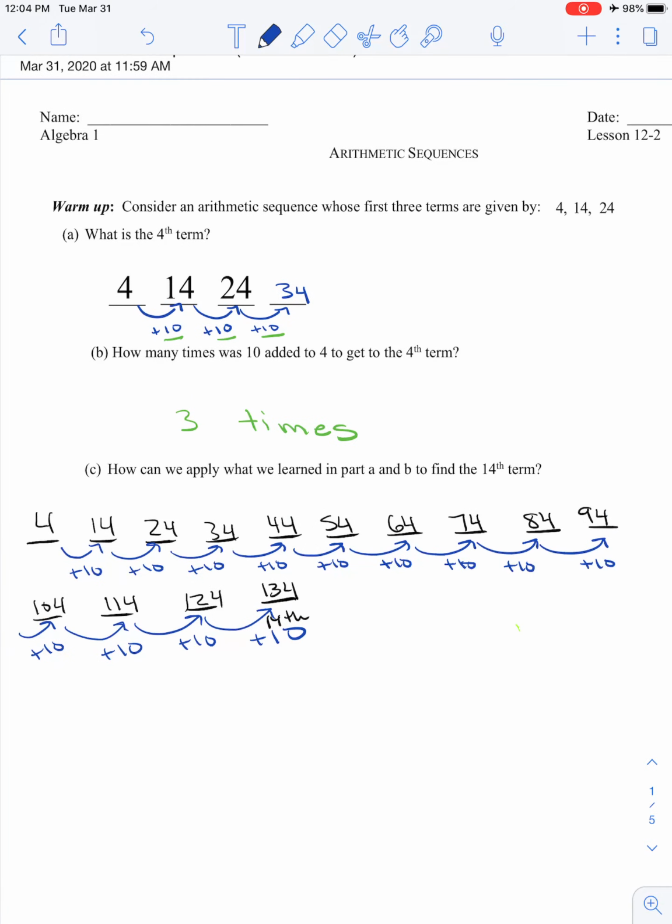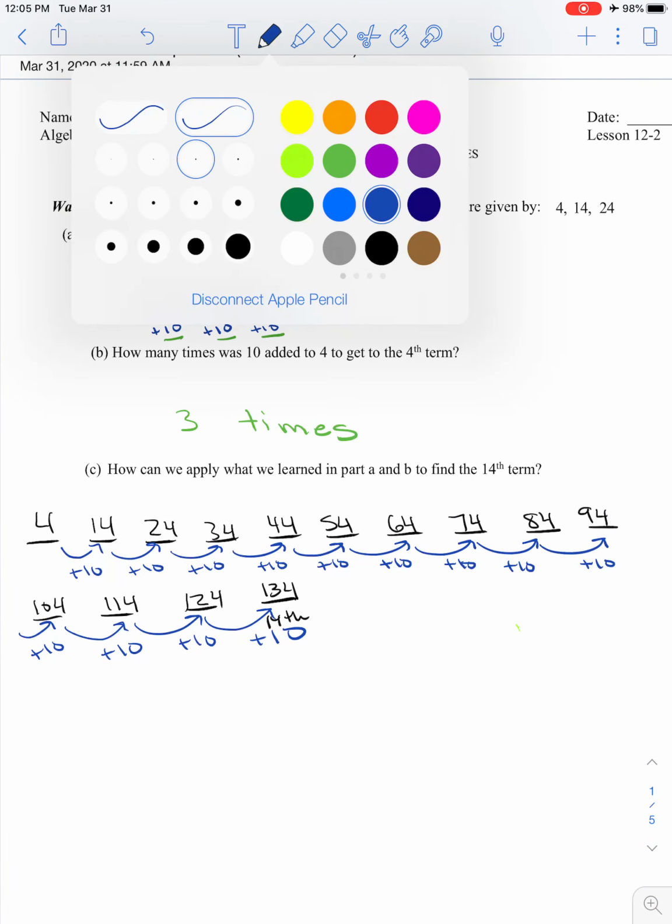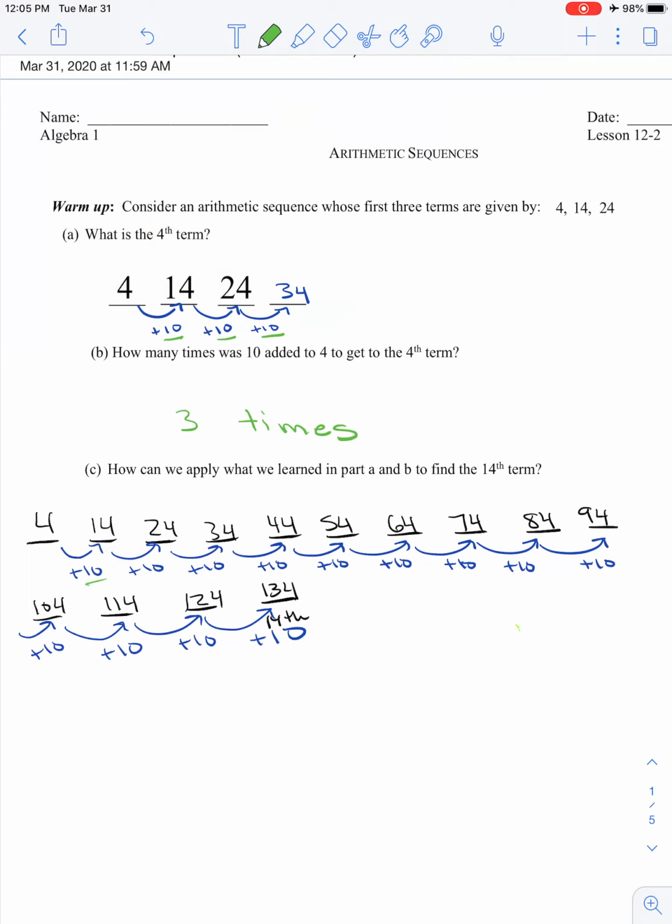So let's say we added 10 how many times? 1, 2, 3, 4, 5, 6, 7, 8, 9, 10, 11, 12, 13 times. So we added 10 13 times.